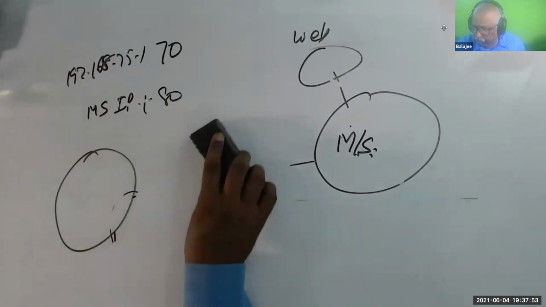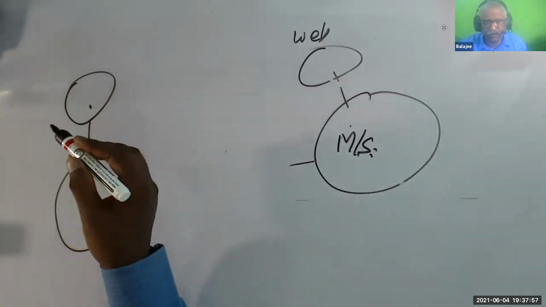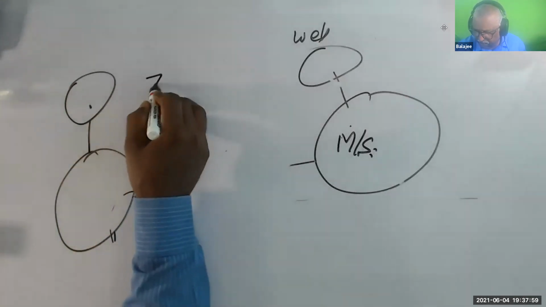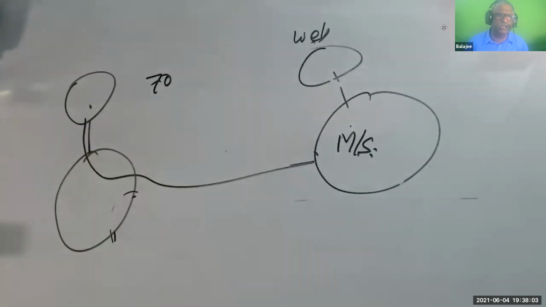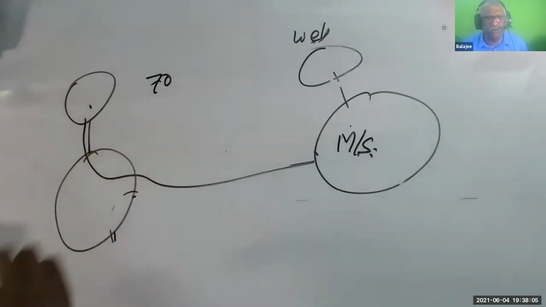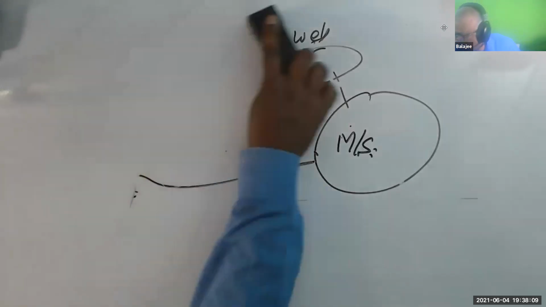But let us assume that afterwards you open one more application here. That application could also get 70. Then that will establish a socket. So the port number for you is not fixed. It could be anything as you wish.